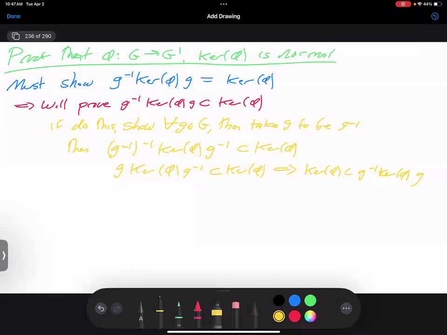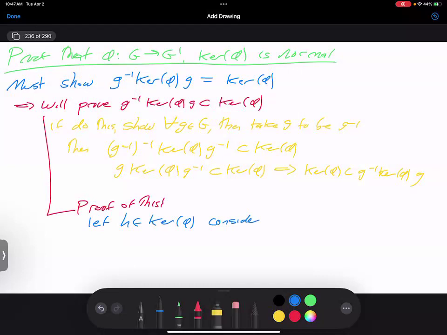Okay, so now that I have this, the question is, can I show that g inverse kernel phi g is contained in that? So now, proof of this. Let h be something in the kernel of phi.